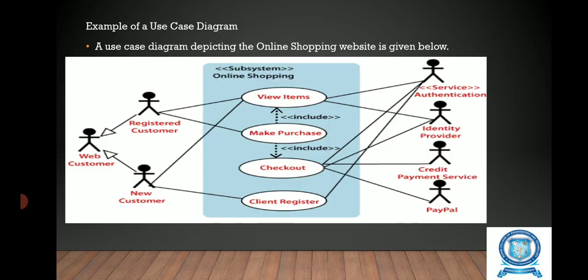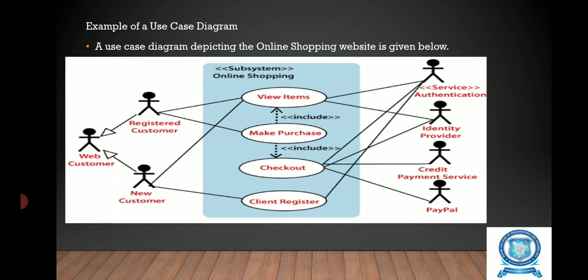This diagram shows an example of a use case diagram. A use case diagram depicting an online shopping website. We are all aware of the online shopping system. So we have a web customer, who may be a registered customer or a new customer. The services provided include an identity provider, a credit payment system, as well as a payment system, that is PayPal.